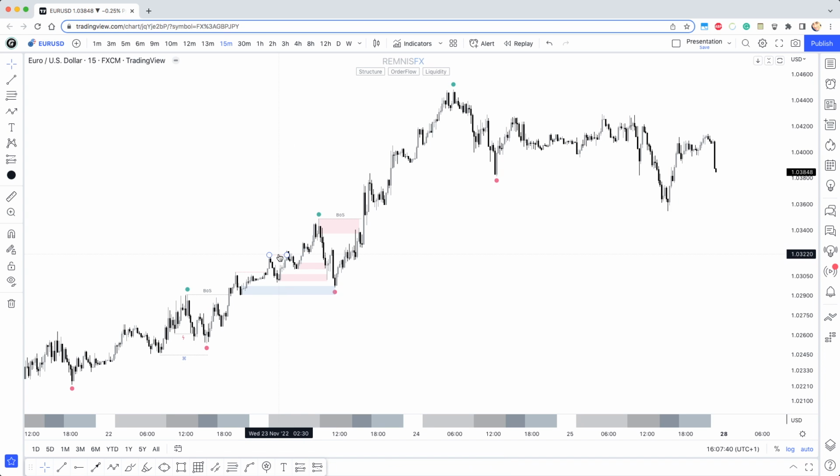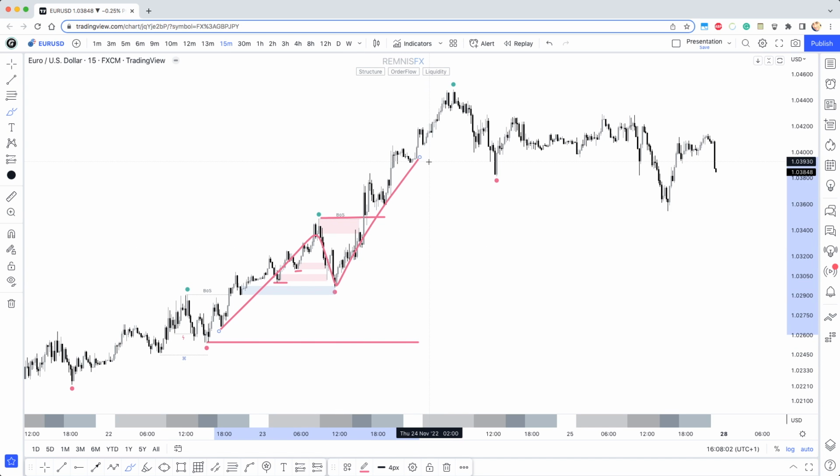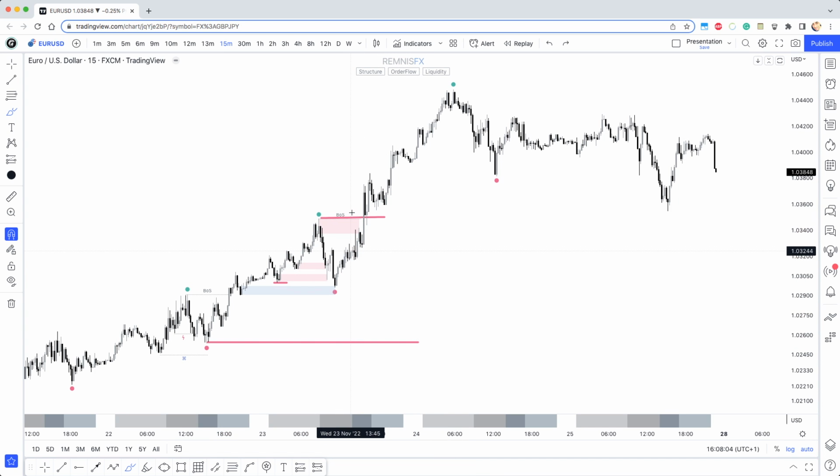Let me remove them just quickly, because everything between these two points is basically your internal structure. And what happens in the majority within your internal structure is price will take out the liquidity of the momentum or bias, right?